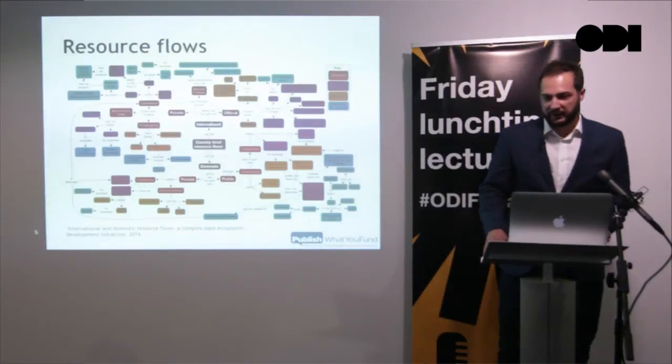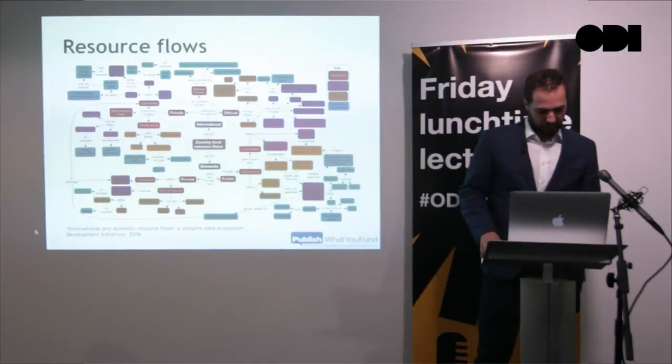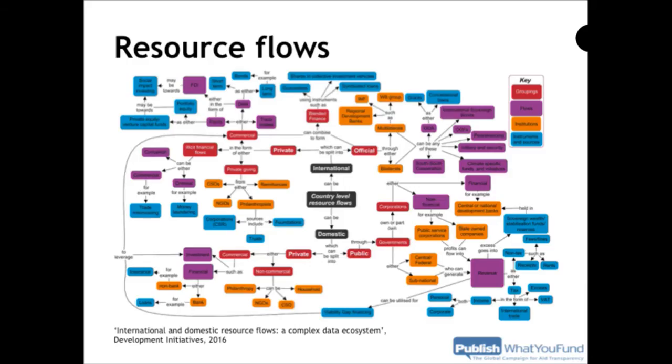I just want to spend a few minutes going into a bit more detail on some of what I've just said to highlight some examples that I really believe pull out why this is important in a real-world context. Firstly, let's just have a look at the complexity presented when we map the relationship between how international and domestic resource flows relate to each other and contribute to development.